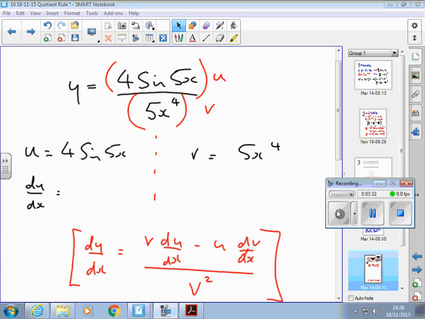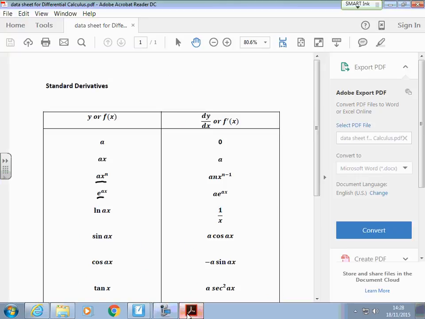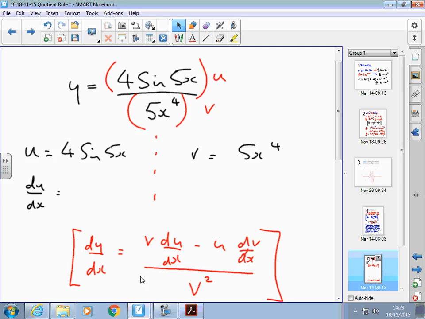du by dx, using this table of differentials here, looking at the sine one, the a comes out and goes in front and the sine changes to cosine. So the 5 comes out, times the 4 in front is 20, and the sine changes to a cosine.